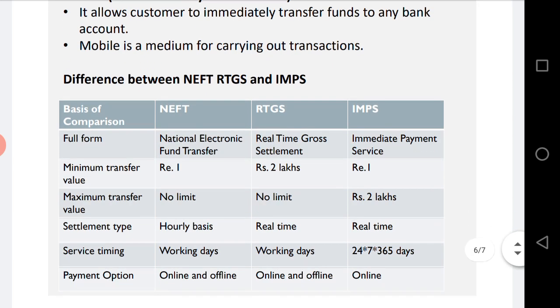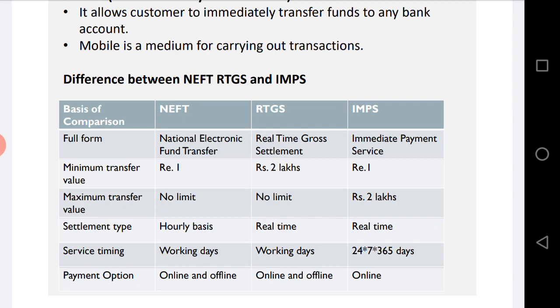Now, let's look at the major differences between NEFT, RTGS, and IMPS. See, the full form of NEFT is National Electronic Fund Transfer, RTGS is Real Time Gross Settlement, and IMPS is Immediate Payment Services. Now, the minimum transfer value in NEFT is at least rupee 1 you have to transfer.